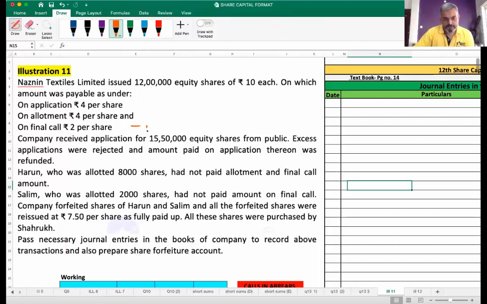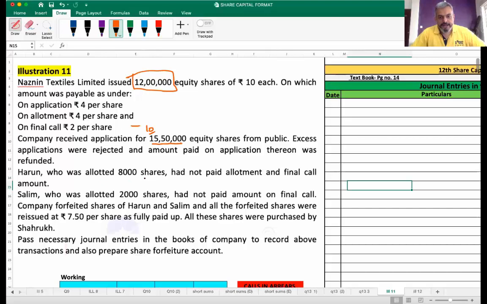So the total comes to 10 rupees face value. The company received applications for 15 lakh 50,000 equity shares from the public. So what is important is we can issue only 12 lakh equity shares. Excess applications were rejected and the amount paid on application thereon was refunded.